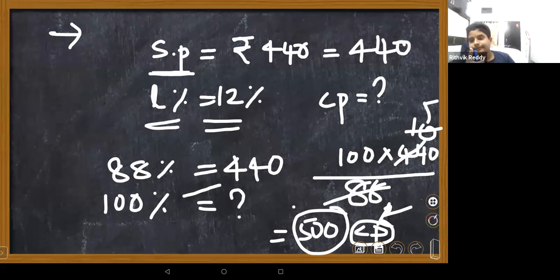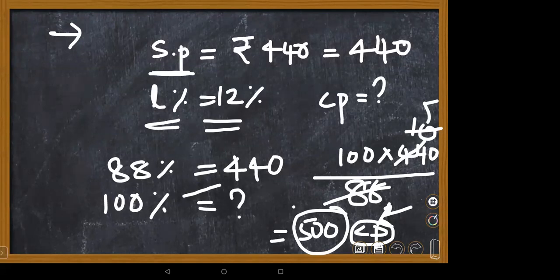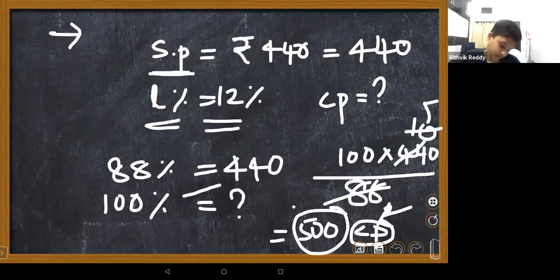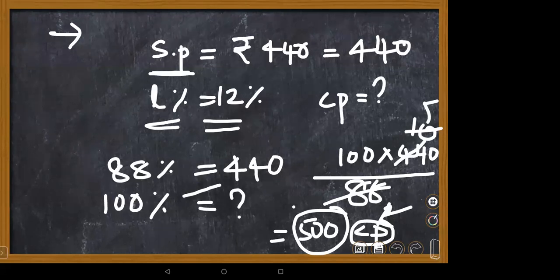Suppose you think 100% is the original cost price of an article. Loss means if you subtract 12 from 100, what is it? Ma'am, 88. 88% is the selling price of an article. Okay, 12% is the loss.